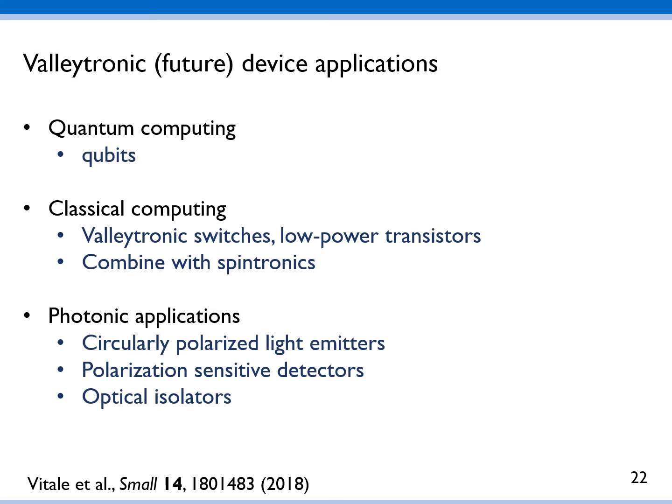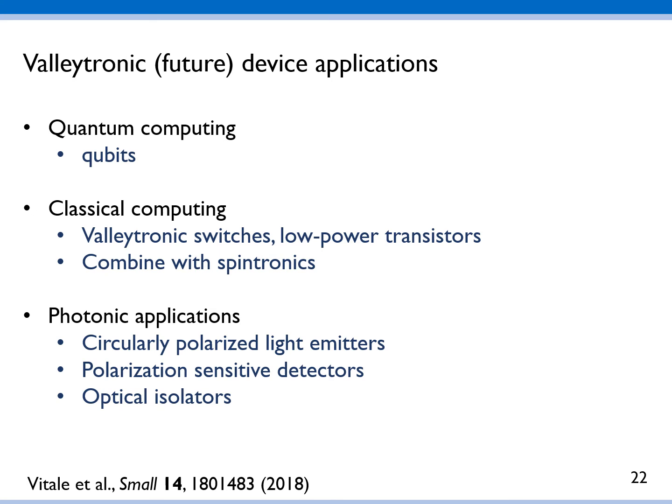It's also thought that valleytronics could significantly enhance classical computing elements, that we could build very fast and low power valleytronic switches and transistors, and that it could also be combined with spintronics to make spintronics or valleytronics in a sense more stable, because you have this spin-valley protection.